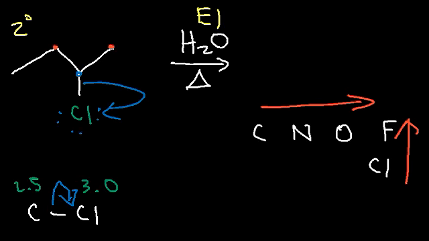But when that bond breaks, and chlorine gets the 2 electrons that were in that bond, it's going to turn into the chloride ion, which now has 4 lone pairs, or 8 electrons. So the carbon is electron deficient. So it's going to turn into a carbocation. That's a carbon with a positive charge. And so that's the first step of an E1 reaction.